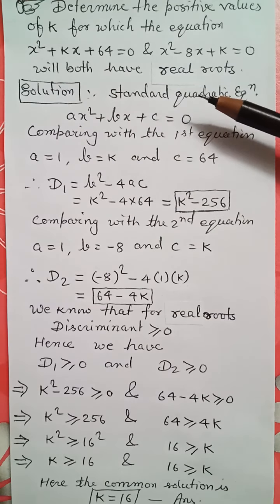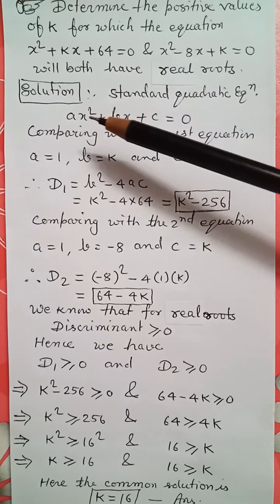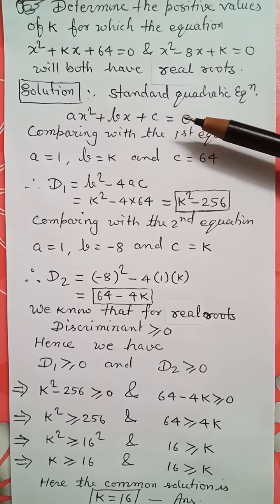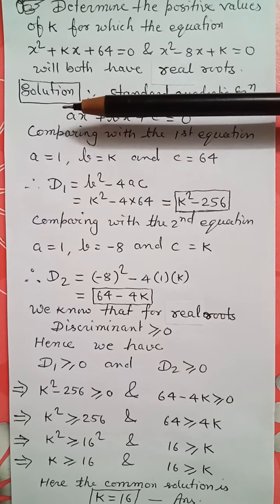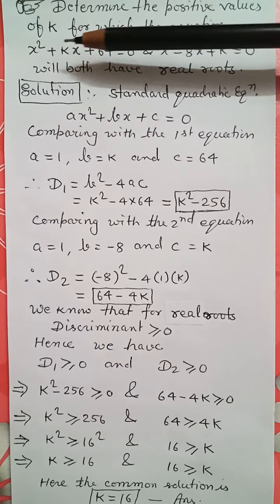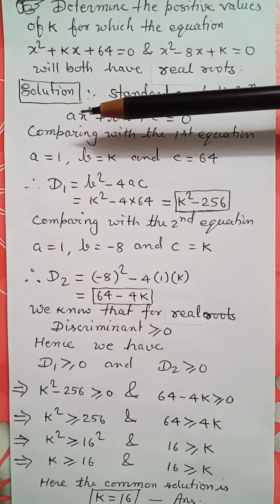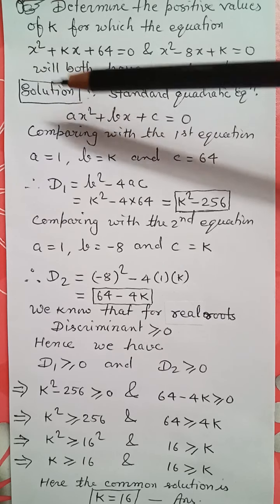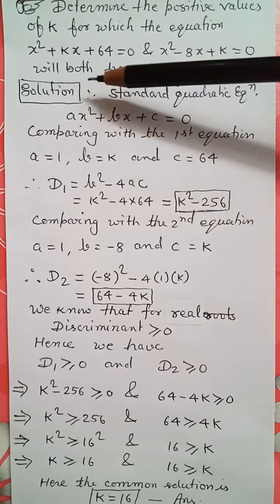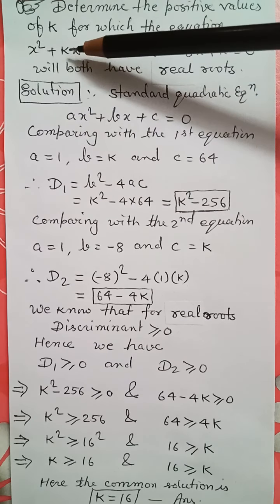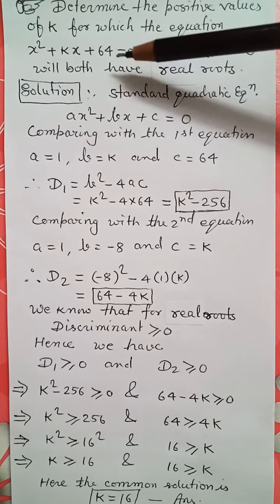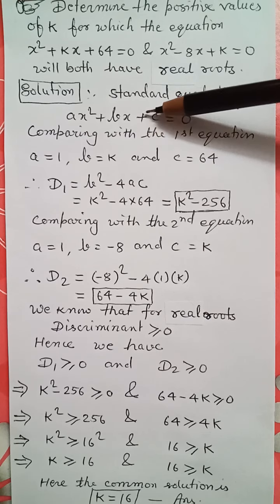The standard form of a quadratic equation is ax square plus bx plus c equals 0. Now comparing the first equation with the standard form, we have a equals 1, b equals k, and c equals 64.